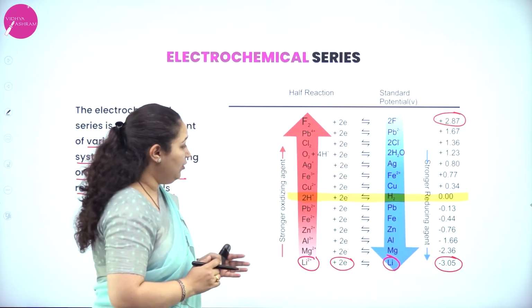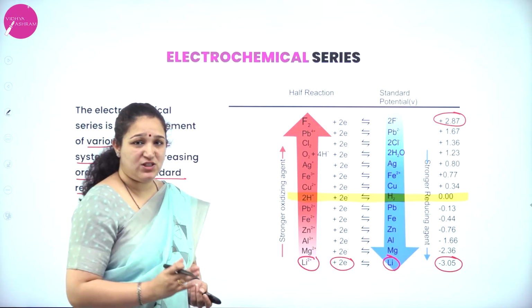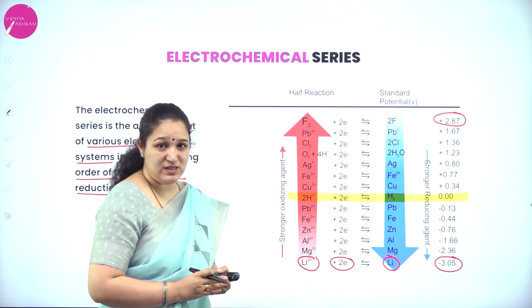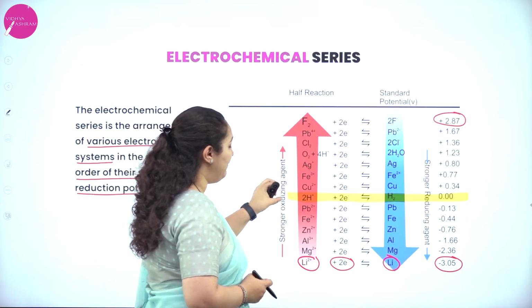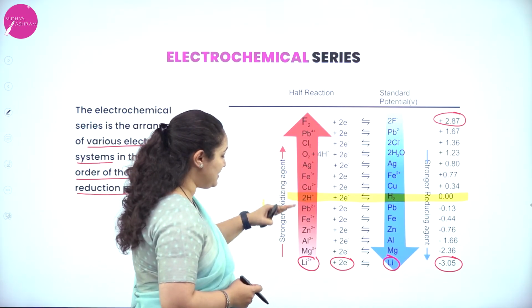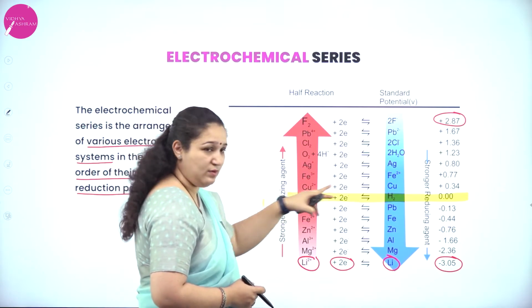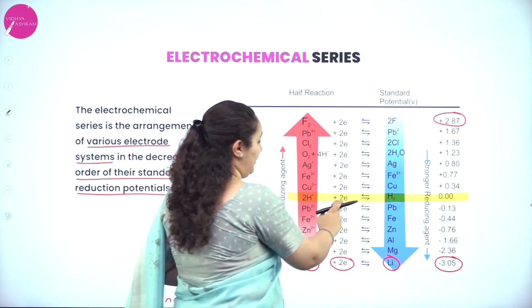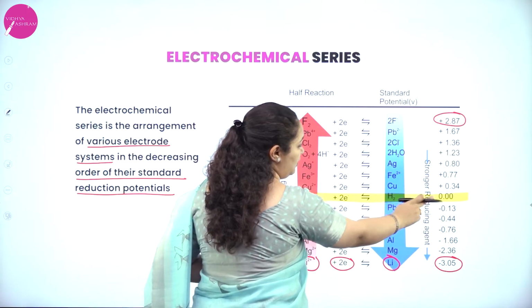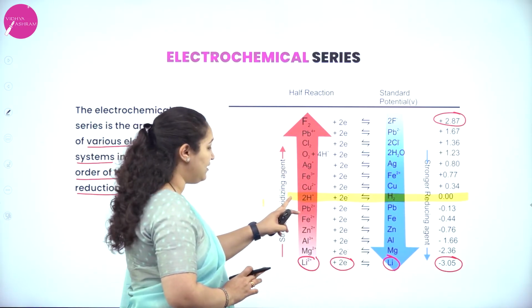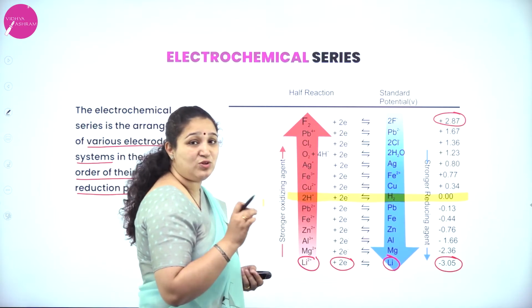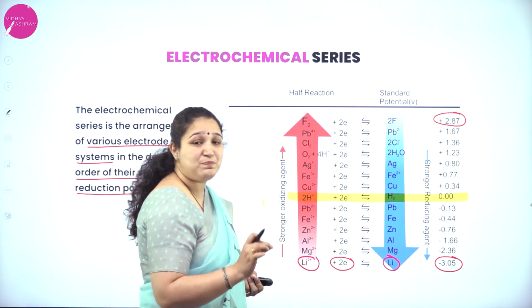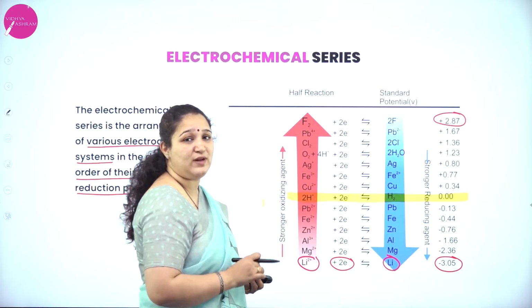Okay. Now the important features of the electrochemical series which you can understand here: the metals which are placed below hydrogen, that is H plus ion accepting 2 electrons to form hydrogen, 0.0 volt, the standard hydrogen electrode. All the metals below that are metals which can displace hydrogen gas from dilute acids.